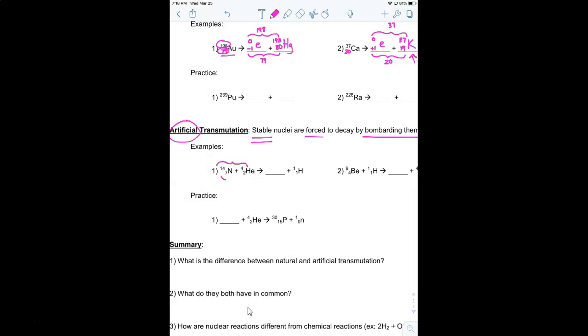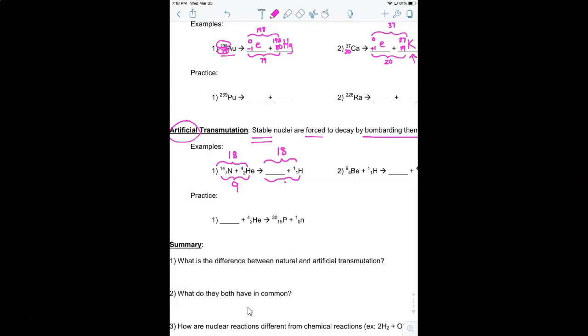You're using, guys, the same technique as before. The masses and the charges on the left side and the masses and charges on the right side have to be the same, okay? So what's my mass over here? 14 and 4 is 18. So my masses have to be 18 over here as well. My charges over here, 7 and 2 is 9.